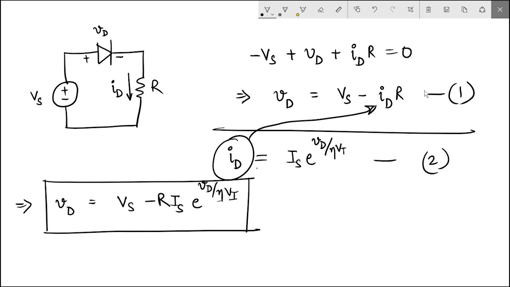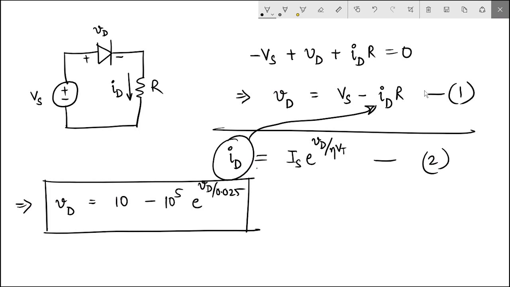Now that we know this, I have a circuit, say of this form. Algebraically, can you solve this equation? You can't. This equation can be solved by using a computer or by using some numerical methods. You can solve this, but you cannot solve it algebraically.